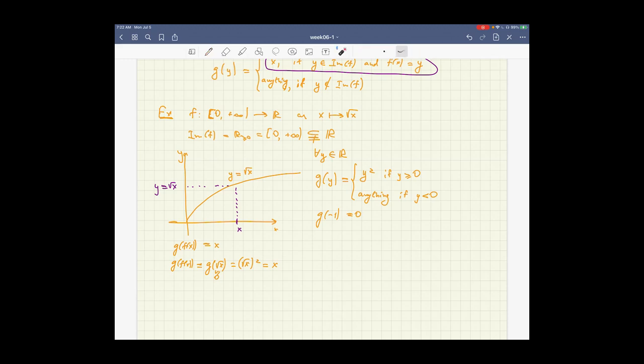And I would still satisfy this, g at f at x equals x, for every x in the domain of f. Let's put 0 specifically.